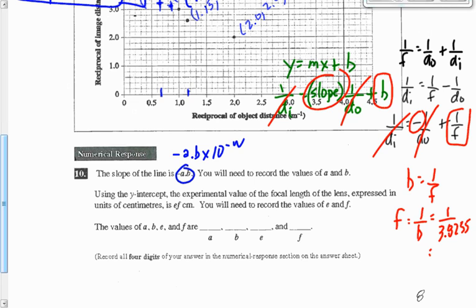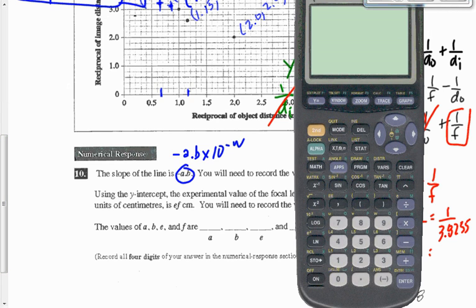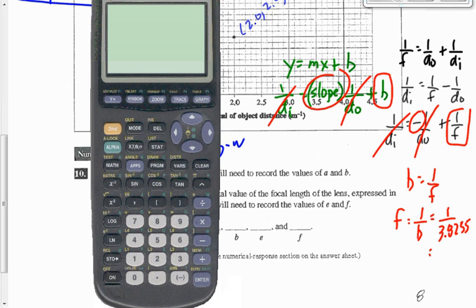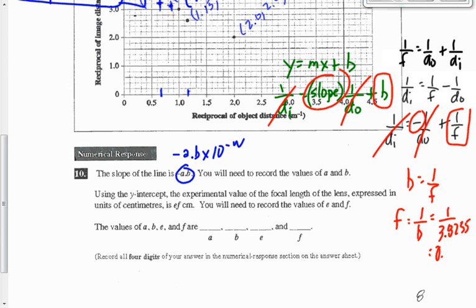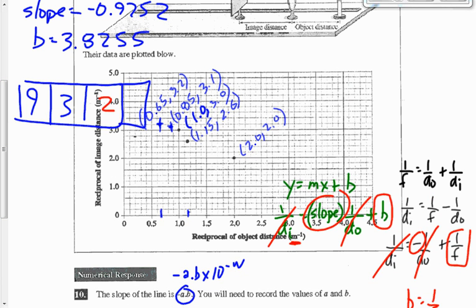When we take the reciprocal of 3.8255, we get 0.26, and the units for that would be meters, because the units on the graph are meters. How do we express that? Well, they want the value not in meters, but in centimeters. So that would be 26 centimeters. What would the answer to this question be? 9326.